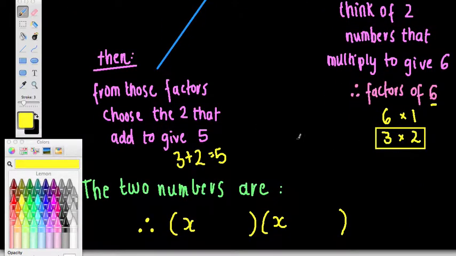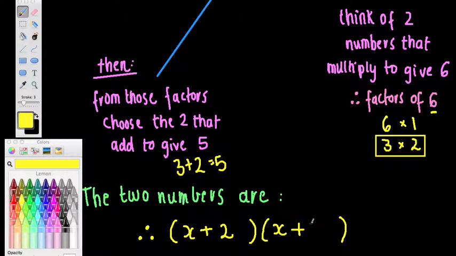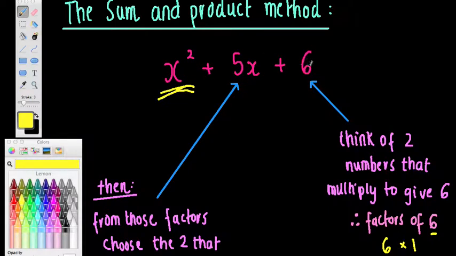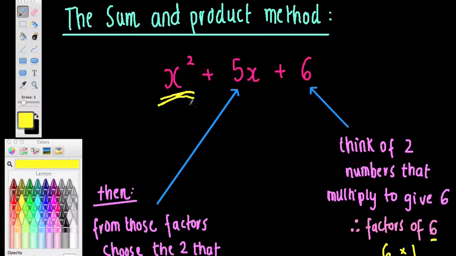The two numbers are 2 and 3. Whoops, plus. As they're both positive, we should have a plus here. And that is the factorised version: x squared plus 5x plus 6 is the same as 2 brackets, x plus 2, x plus 3. So if you expand this out now using FOIL, you will get that expression that's written up the top there.